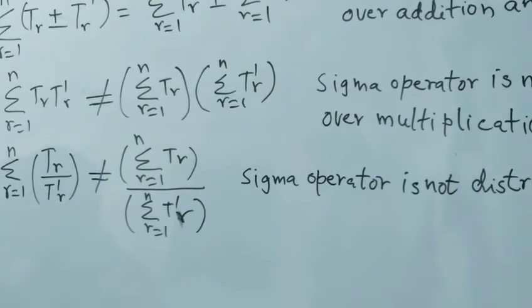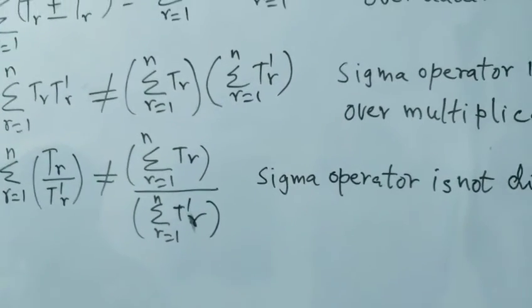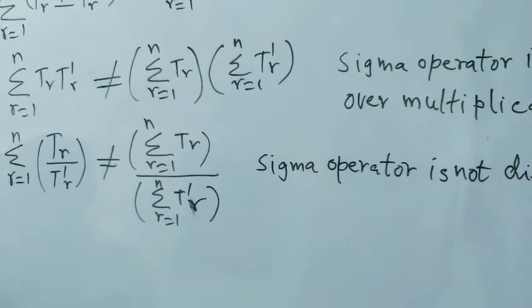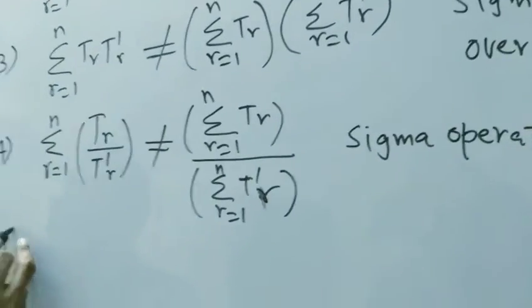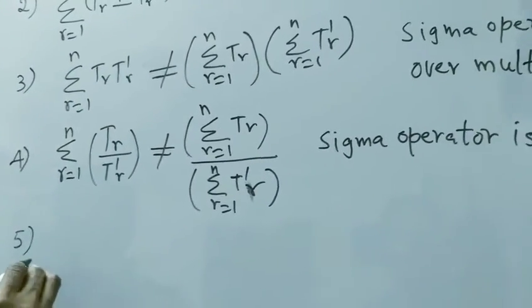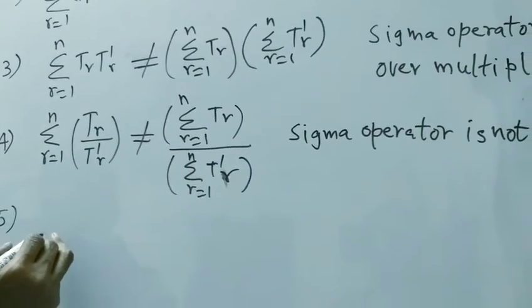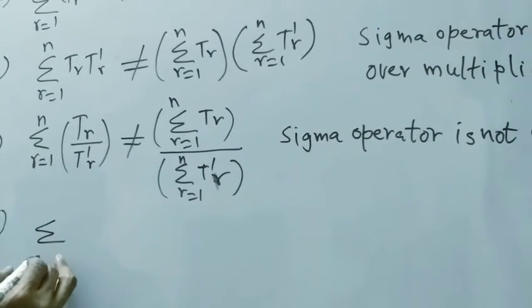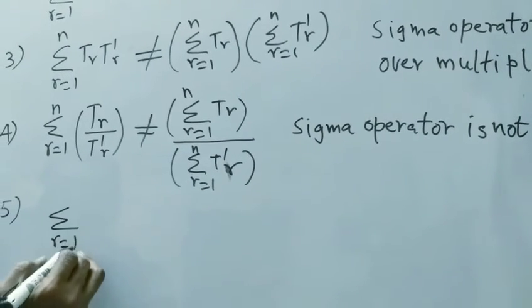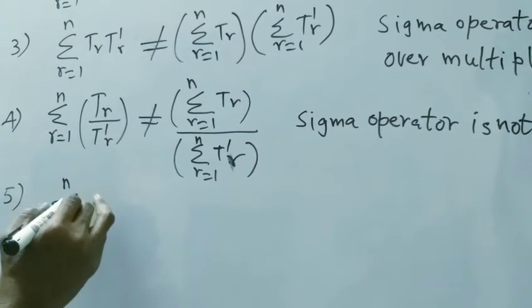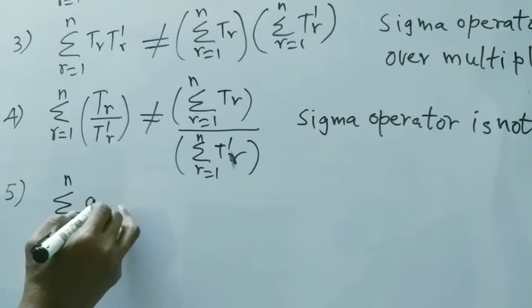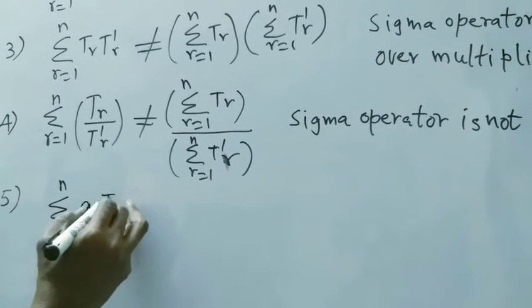Next one, the fifth: summation of r is equal to 1 to n, a into the rth term tr.